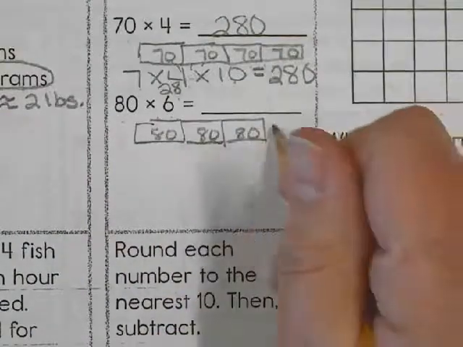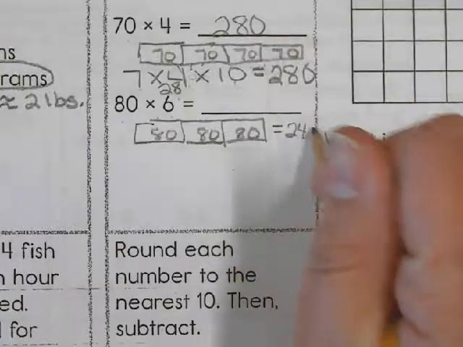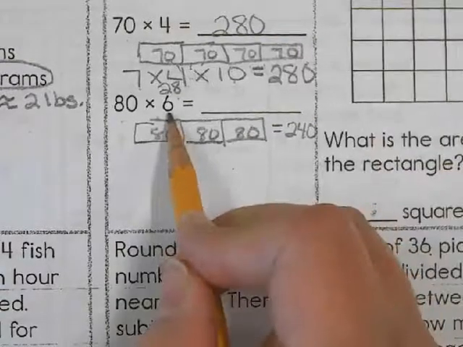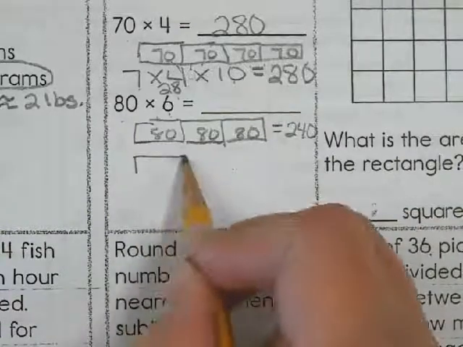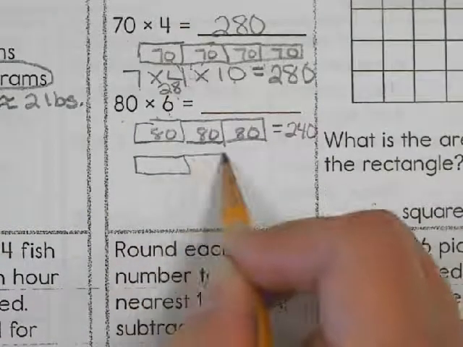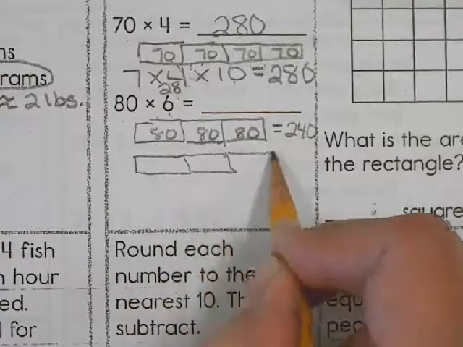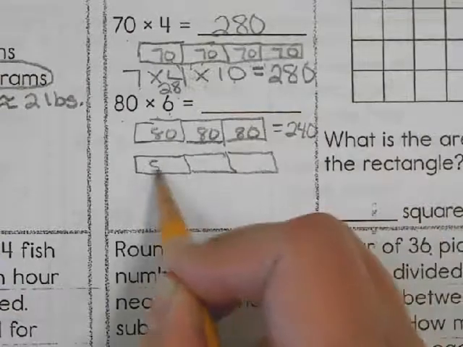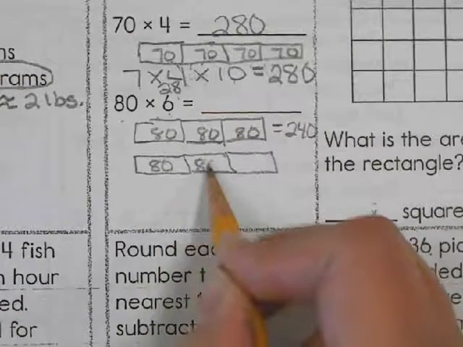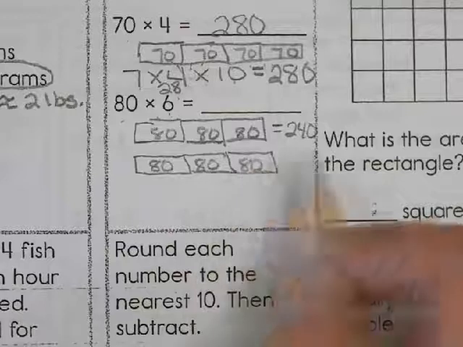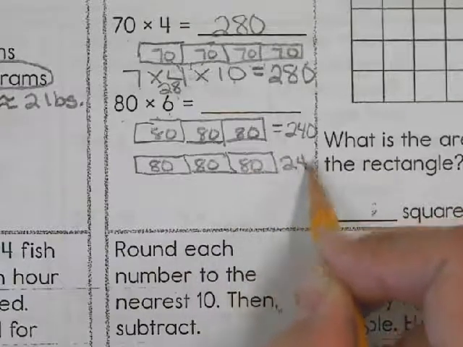So 3 groups of 80 should be 240. If I do another 3 to make that 6, I'm using my understanding of the distributive property or the break apart property. This should be 240.